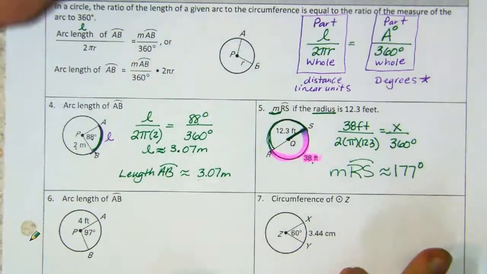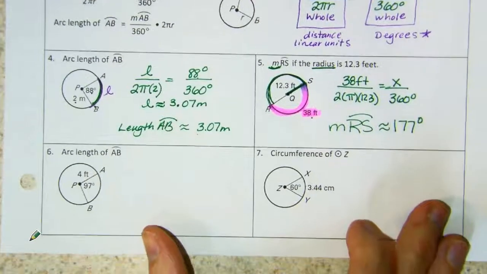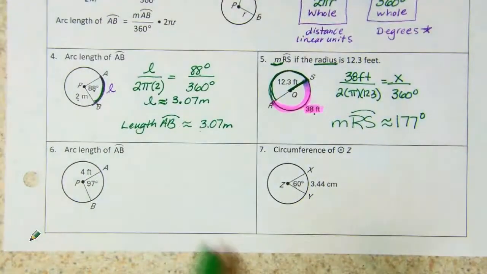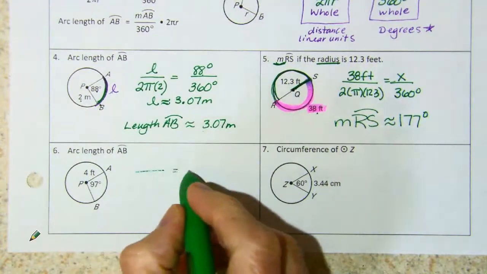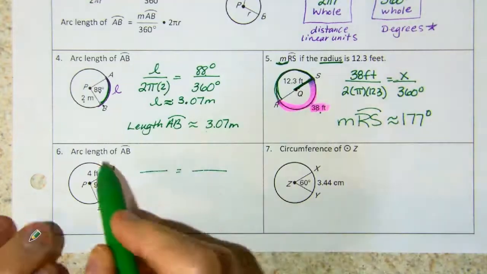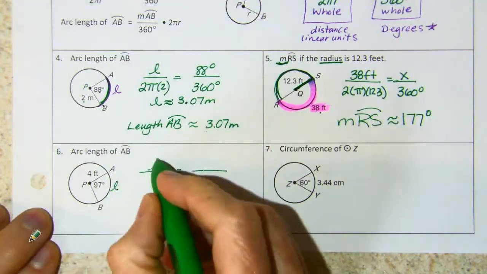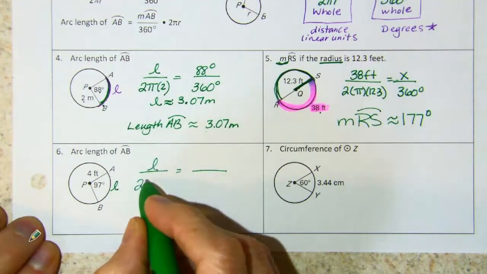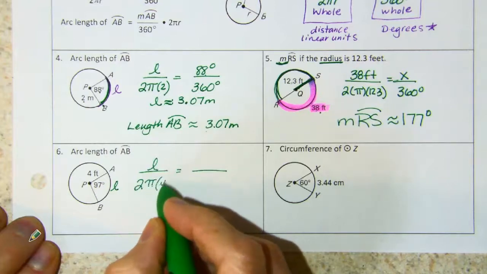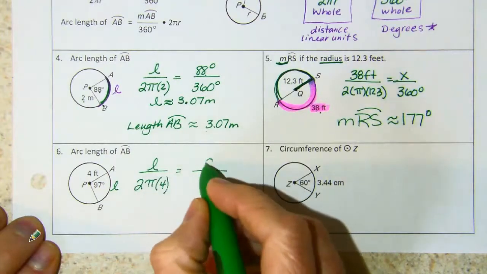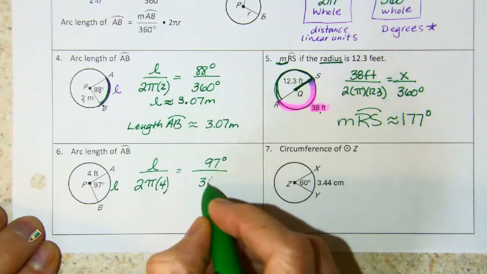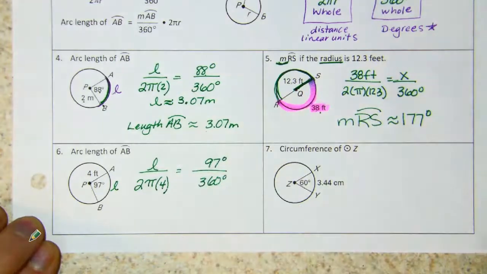Now, moving on to question 6, it's now back to find the length of arc AB. So we're going to do the part over whole equals part over whole. We are looking for the arc length, so L goes to the circumference, 2 pi times R equals 97 degrees over 360 degrees.